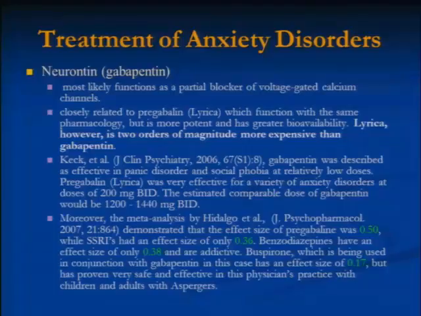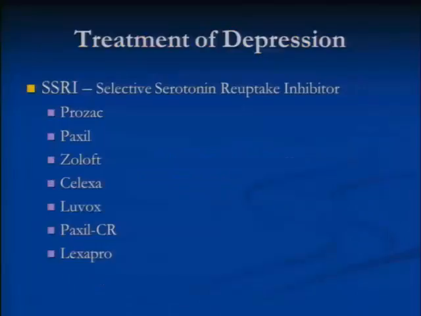Okay? In my hands, 80% of my patients respond to Neurontin, which is $30 a month, as opposed to Lyrica, which is $600 a month, and no insurance company will authorize it. So Neurontin is a powerful tool in fighting anxiety that not many psychiatrists are using. But if you're a neurobiologist, you sort of think that way.